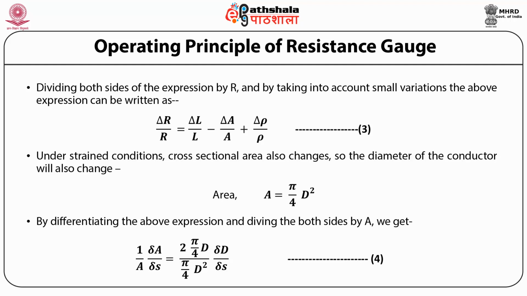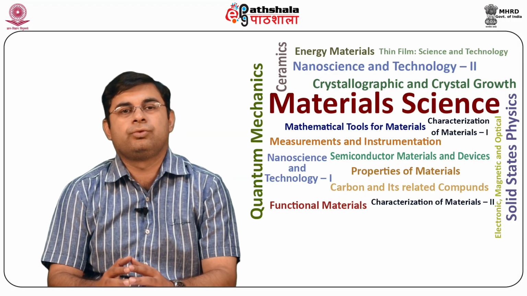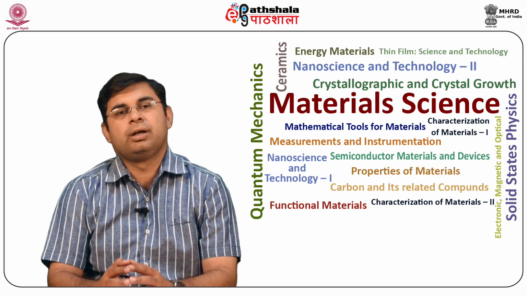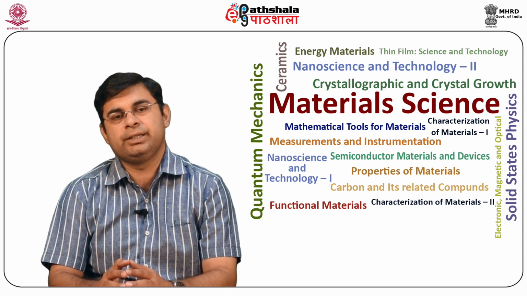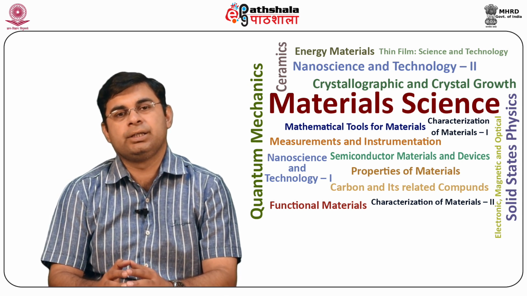This is equation 4. For small variations, ΔA/A is equal to 2ΔD/D.